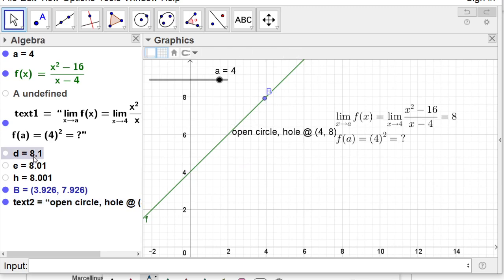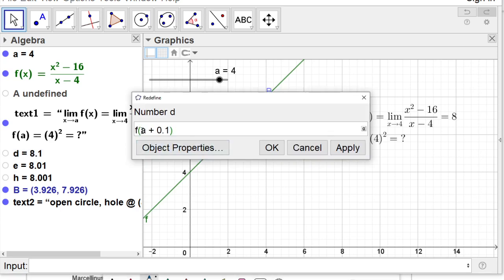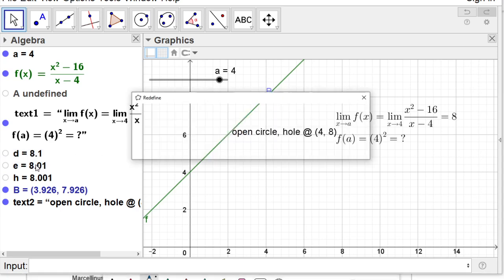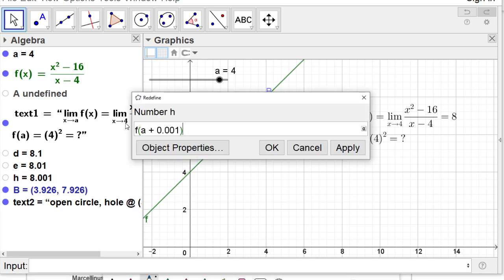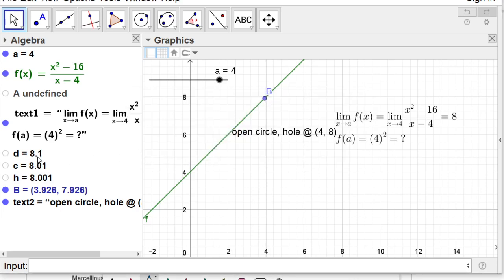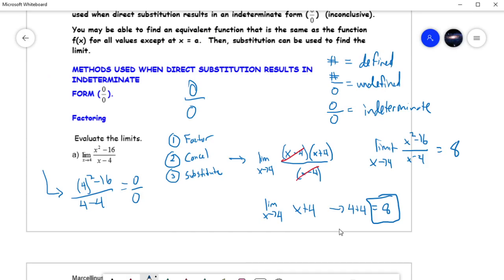And if you look at numbers, if we check 4.1, 4.01, and 4.001, notice that our values get closer and closer to 8 itself. They're not going away from it like an asymptote. They're getting closer to it, and that's why you have a limit here. So remember, you can always check a limit if you want.